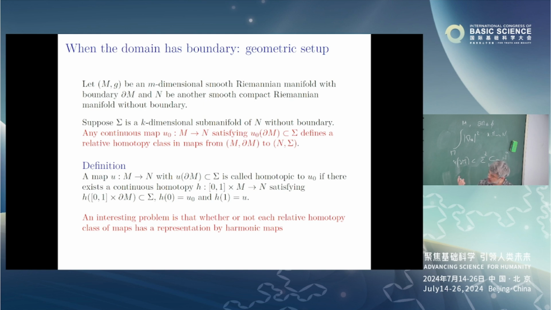If you think about harmonic maps as a kind of class capturing the homotopy of the domain, then from the point of view of relative homotopy, this problem really makes sense. But now the geometric situation is more complicated because you have 3 manifolds to take into account: the domain, the codomain of the map, and a submanifold on which you constrain your boundary.